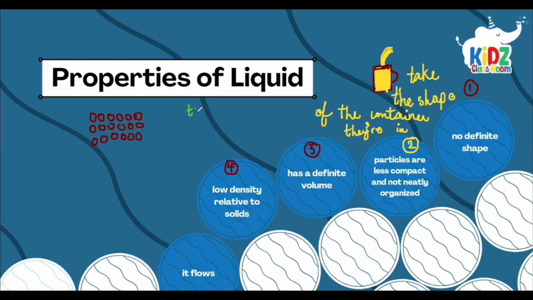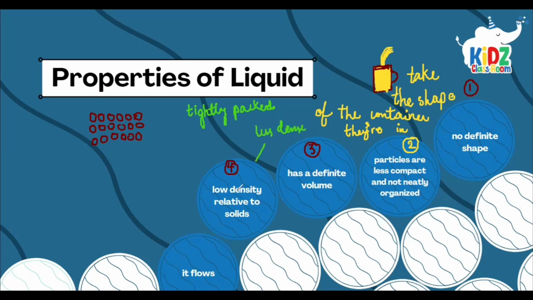We learned that solids are denser because they are tightly packed together. So why are liquids less dense than solids? Because they are loosely packed together. The atoms in liquid have enough space to slide past each other. So this means that liquids are less dense than solids.